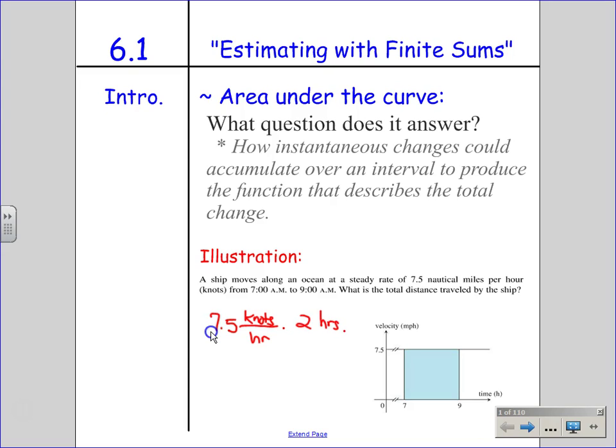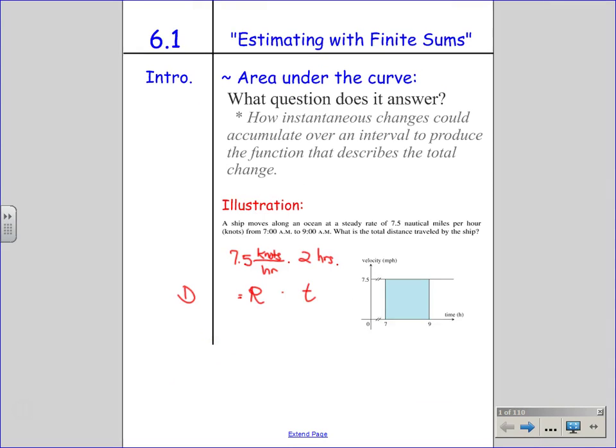Distance equals rate times time. So if you have a constant rate, and if you have a time, then you can find a distance, right? But what is that the exact same thing as graphically?